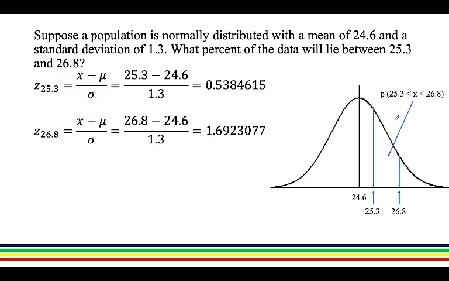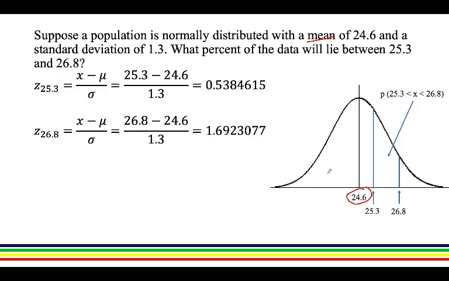Take the number 24.6 for example. You can see that this number is in the middle because this is actually the mean. So if we convert this 24.6 into a z number, this will give us a z value of 0 because the z value in the middle of the normal curve is 0.